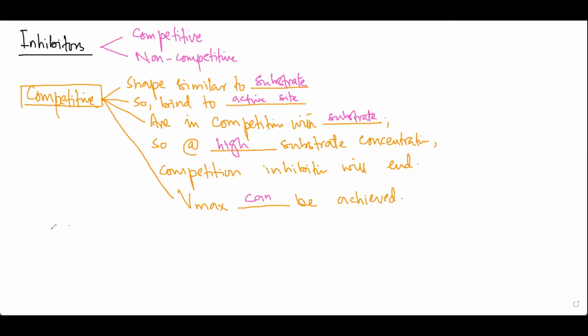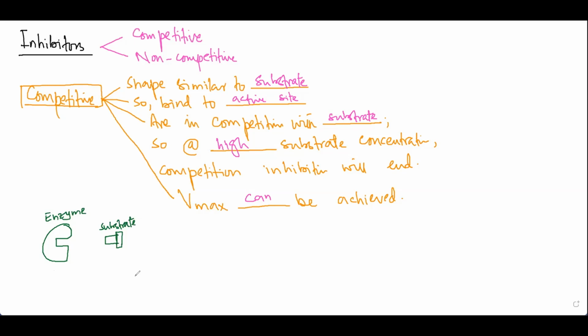So imagine this is an enzyme which will bind to substrate. This is the enzyme. There is a substrate that matches its active site. This is the substrate for this enzyme.